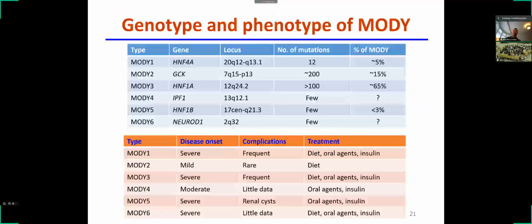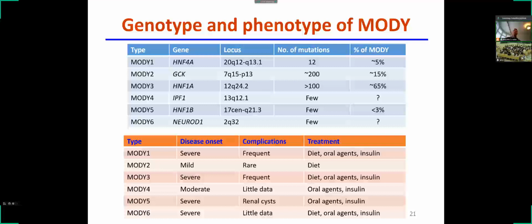In the case of these genes, you can see here the known 6 monogenic phenotypes. You've got HNF4A, GCK, HNF1A, IPF1, HNF1B, and NeuroD1.